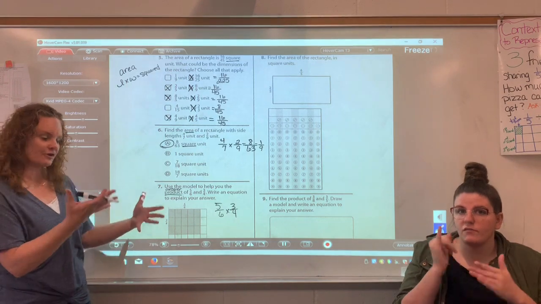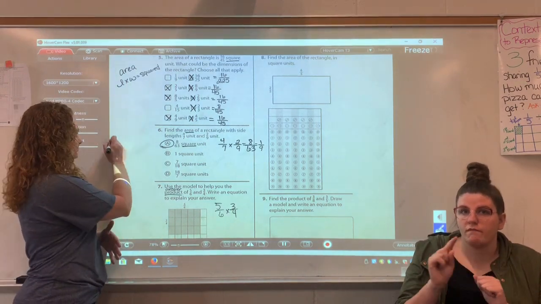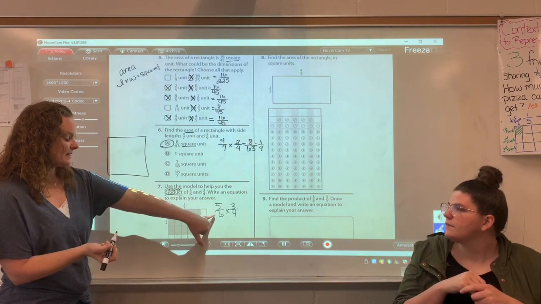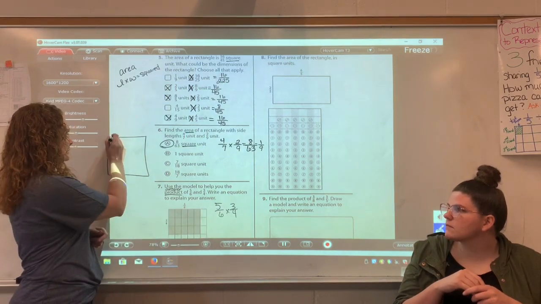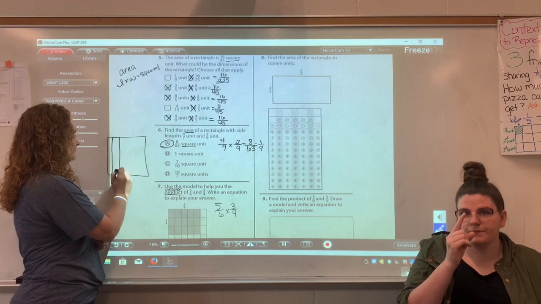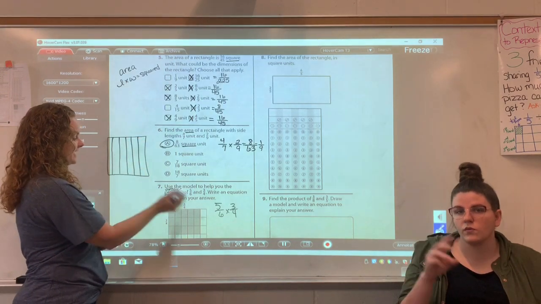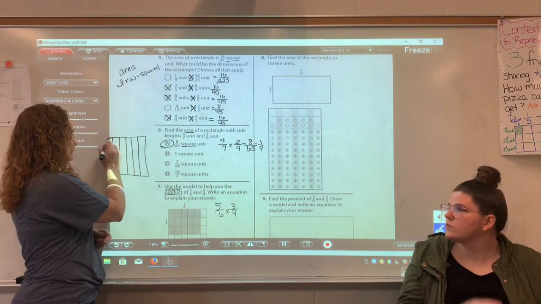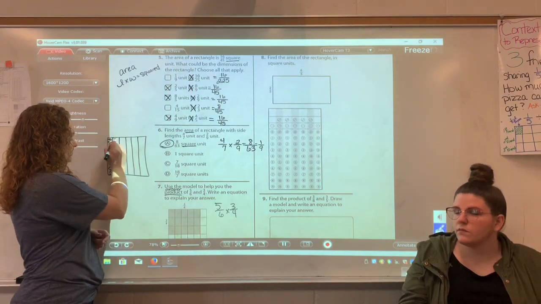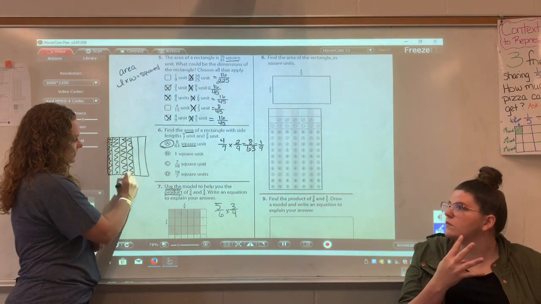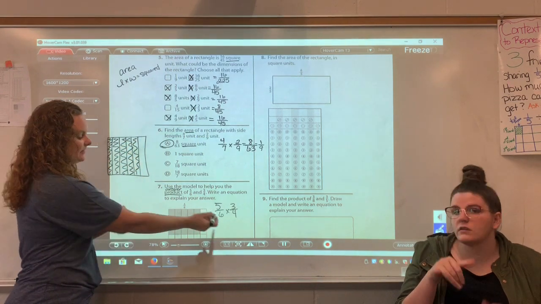Remember, we would start with our first model and we would do it. I'm going to do it up here, the way that this is looking. I'd make my 5/6, so I would divide it out by my 6. So 1, 2, 3, 4, 5, 6, and I would shade in 5 of these. 1, 2, 3, 4, 5. That represents this one.